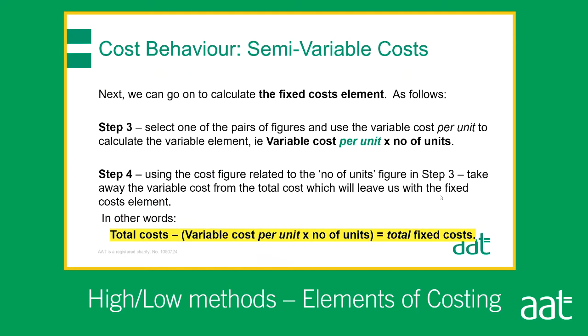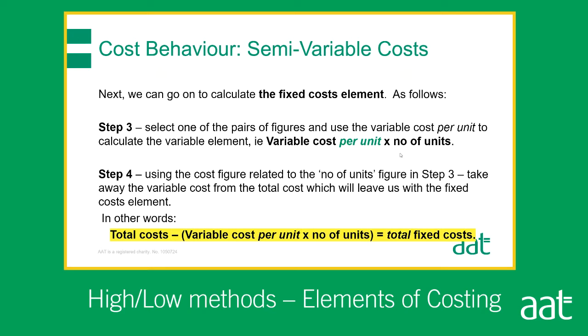Then we can go on to calculate the fixed costs element. Step 3 will be to select one of the pairs of figures and use the variable cost per unit to calculate the variable element, which will be variable cost per unit times the number of units from that set of figures.